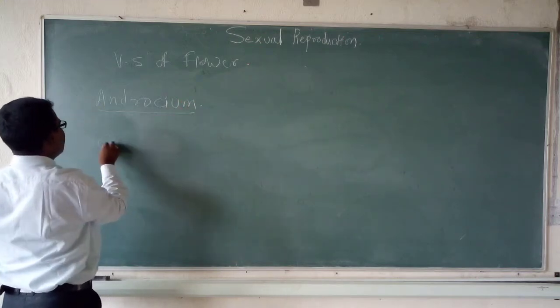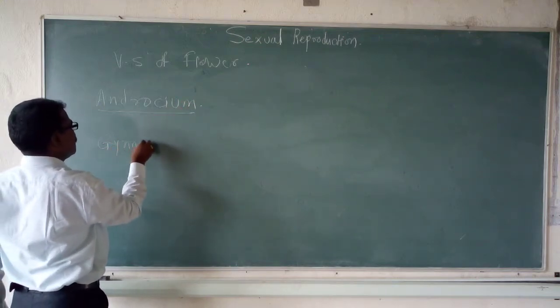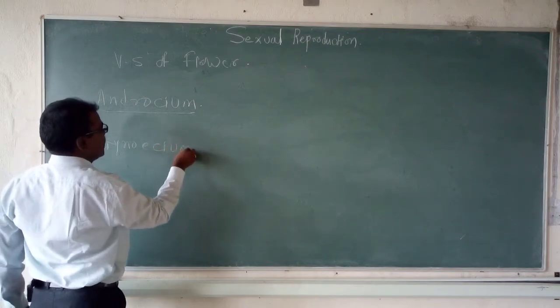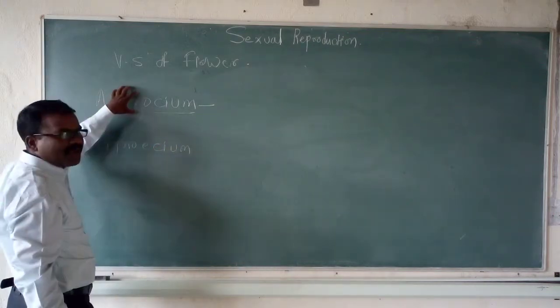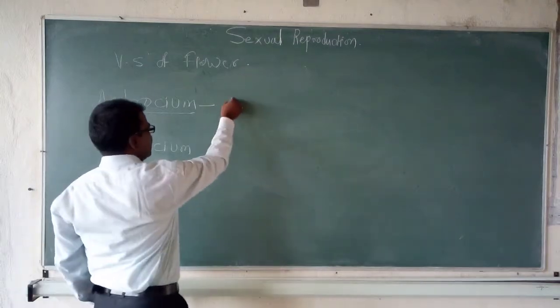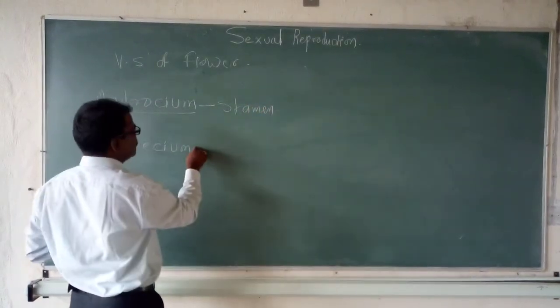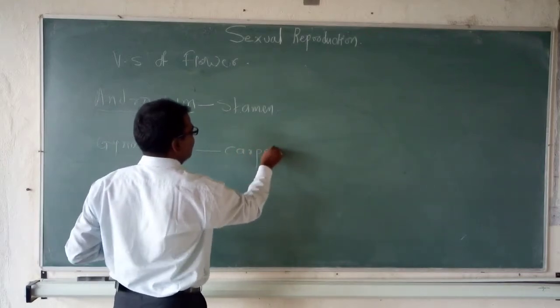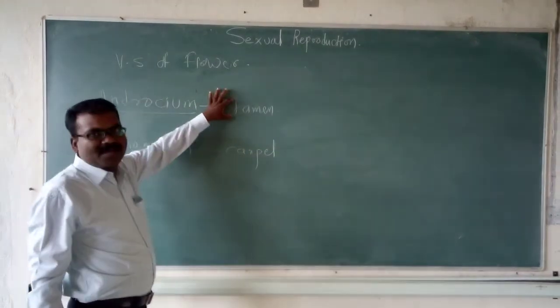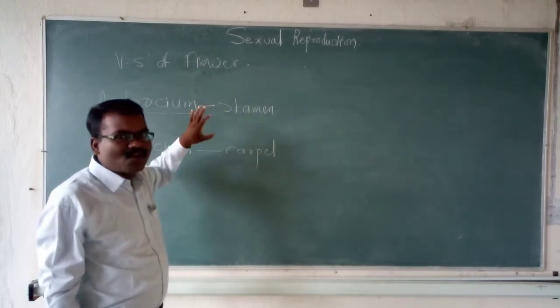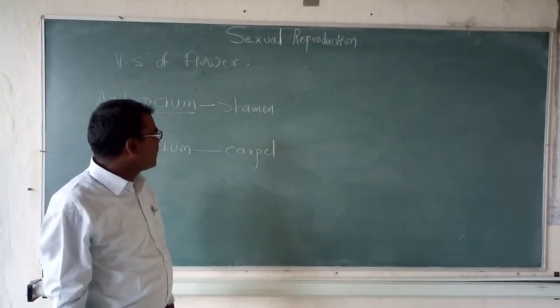Androecium and gynoecium. The individual member of the androecium is called the stamen. The individual member of the gynoecium is called the carpel. What is the structure of a stamen? Stamen consists of anther and filament.